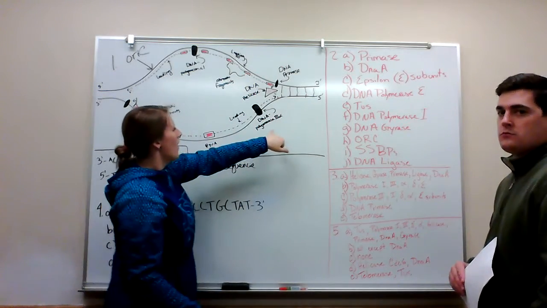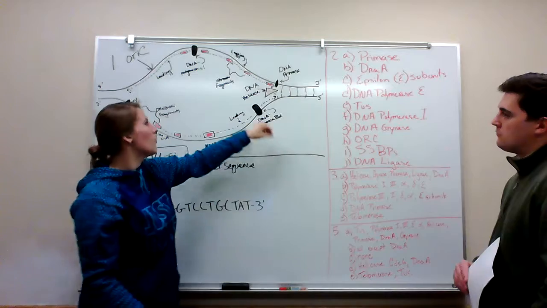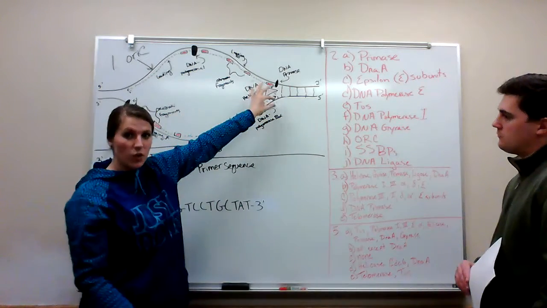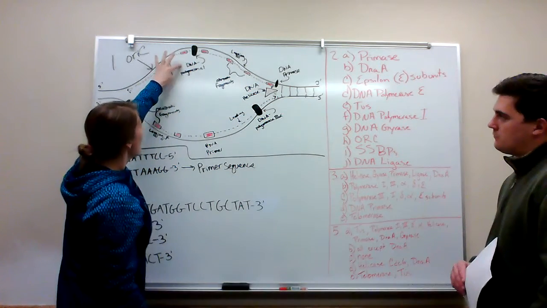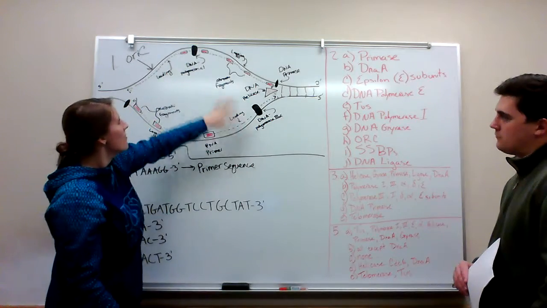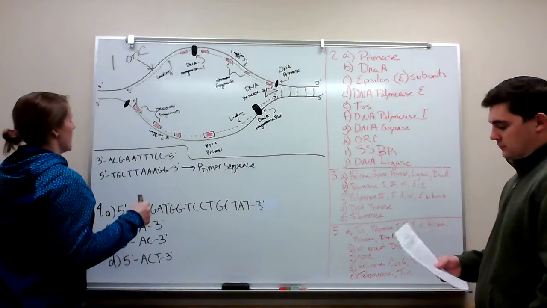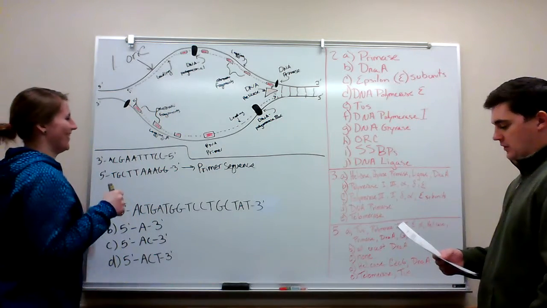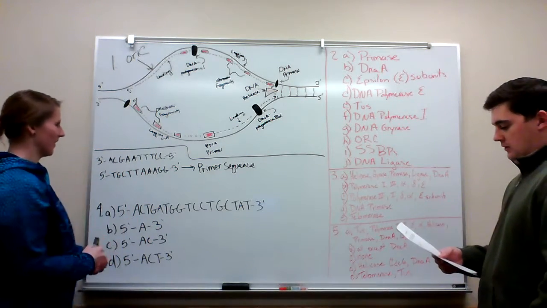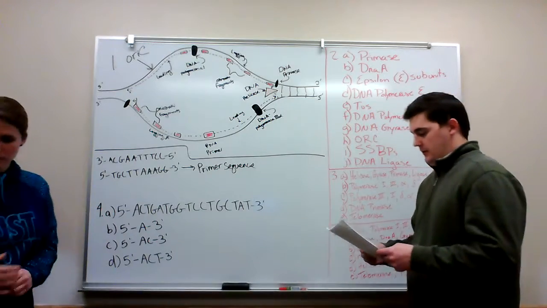And then we have our DNA polymerase 3 here, which links the nucleotides into one strand, and then the DNA polymerase 1, which does the same thing, but it also kicks off the RNA primers. Did I get everything? I believe so.